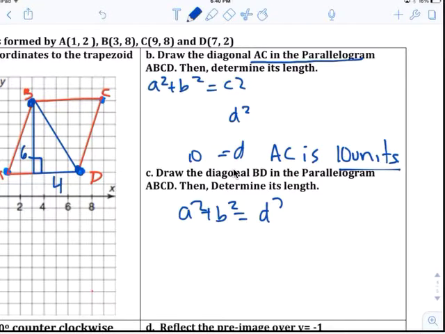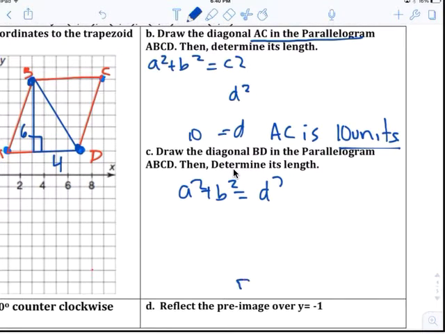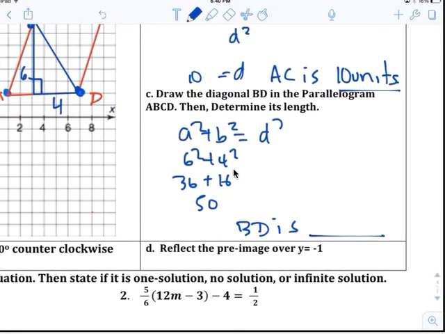And here, make sure you write BD is however many units you get. 6 squared plus 4 squared, 16 plus 36 is 50. Now on your test, I will want it as a simplified radical here. That means 25 times 2, that means 5 radical 2 units.